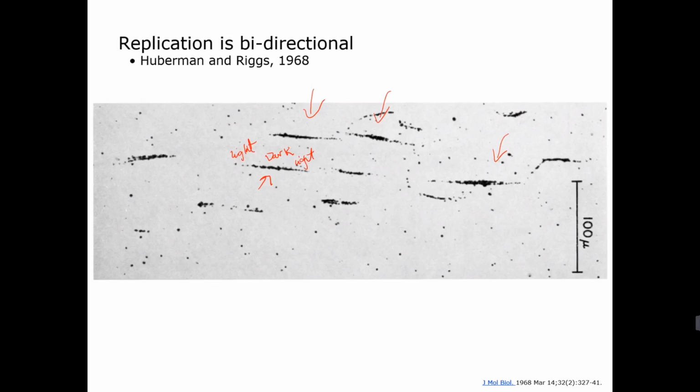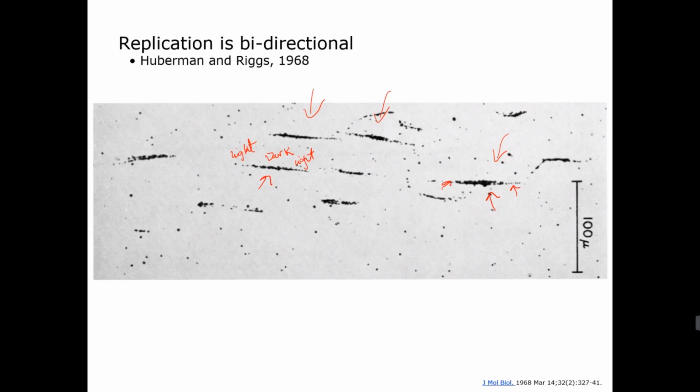Okay, so as it peters off, there's less intense labeling on both sides of it, so that would be consistent with bidirectional. So this is a pretty good example where it's heavy in the middle, and then it gets quite a bit lighter at each of the ends. Again, this one similarly over here, heavy in the middle, and then it gets lighter and lighter at the ends as well.